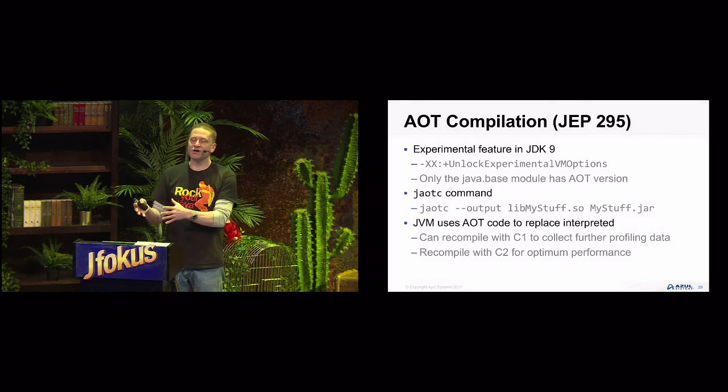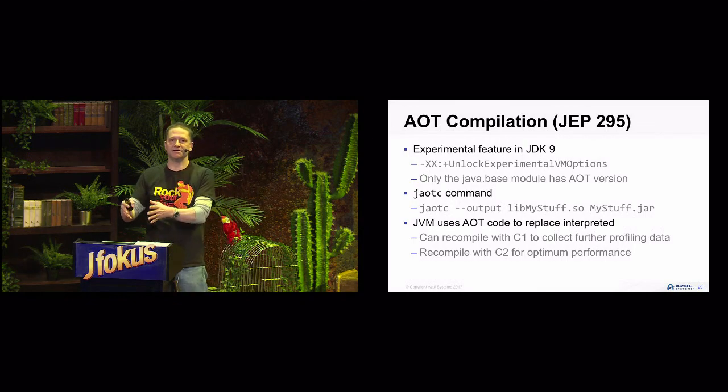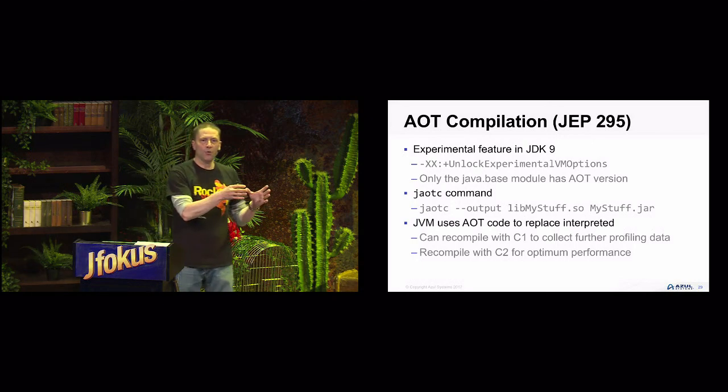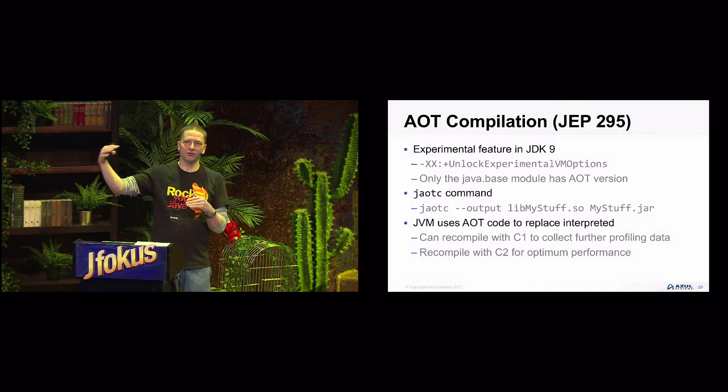But the idea of ahead-of-time compilation is to allow you to compile your Java code into native instructions, but then you lose the cross-platform functionality. What that does is it means that when you start your application, it will run a lot faster because you're using native code rather than interpreted bytecodes. Then, as the application continues to run, it can be profiled, and then the code can be recompiled using the C2 JIT compiler and get better optimizations.